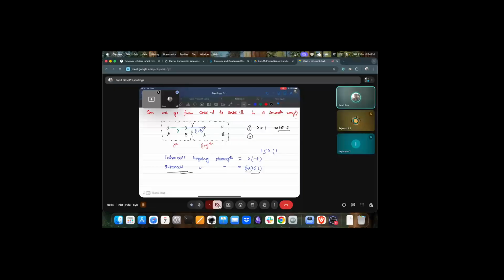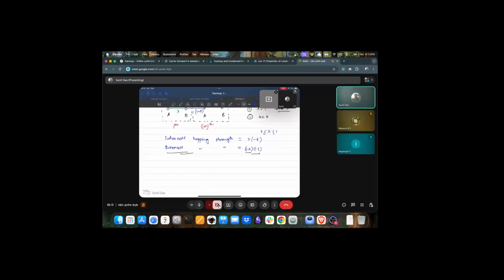And case 2 is when lambda is 0: the intracell part becomes 0 and the intercell hopping is maximum, which is minus t. So what we are asking is, I will vary lambda from 0 to 1, and see whether we can have a correspondence between case 1 and case 2.